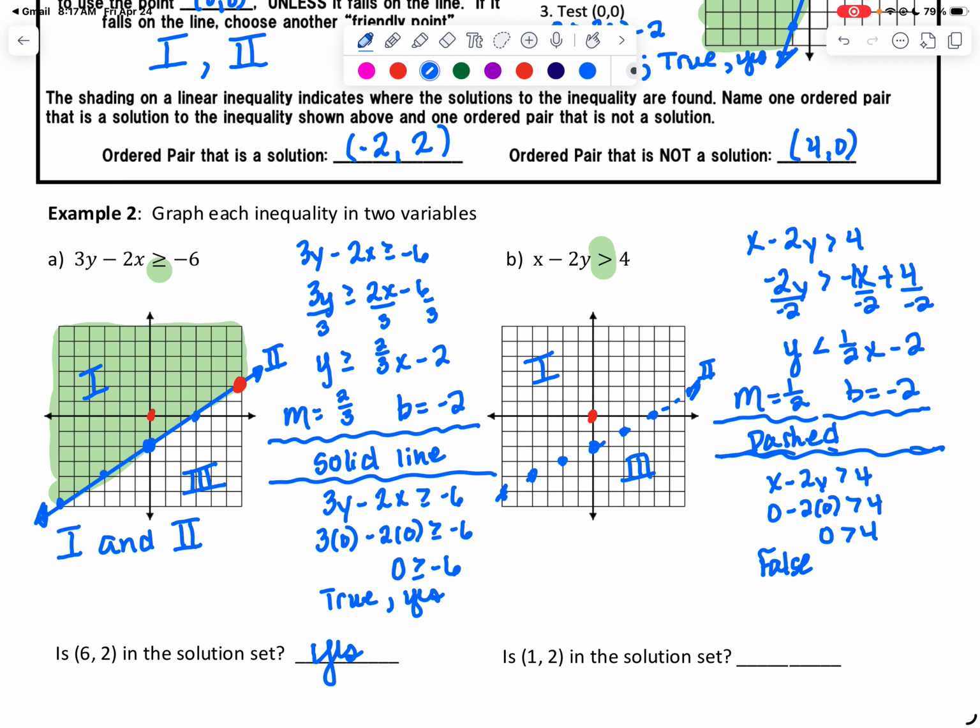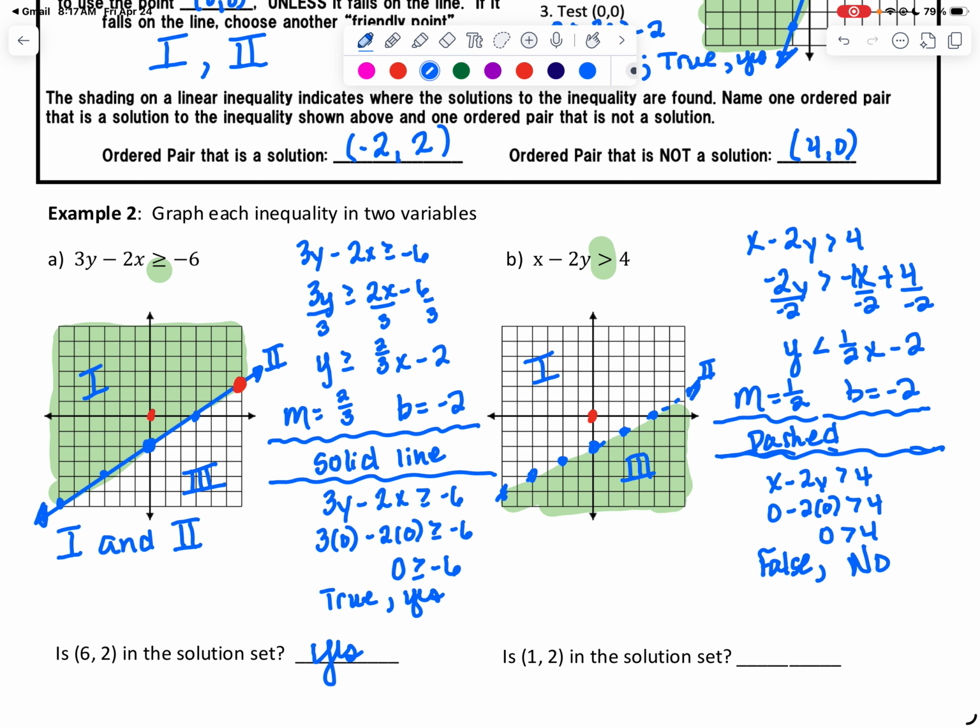So this means no, 0, 0 is not a solution. So if 0, 0 is not a solution, I do not want to shade the region where 0, 0 lives. I want to shade the other region. So in this problem, we'll shade below the line.